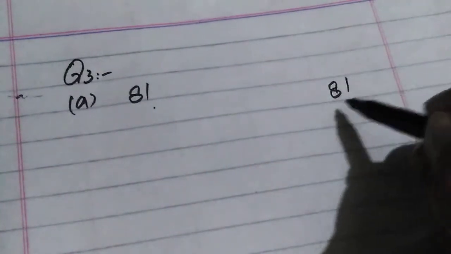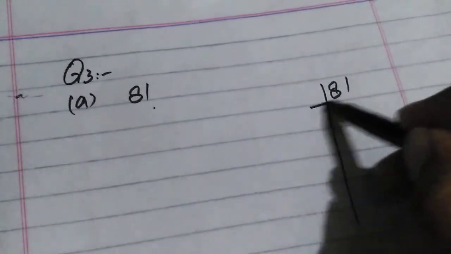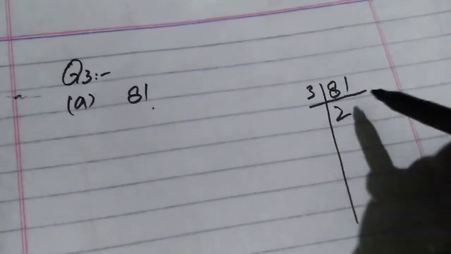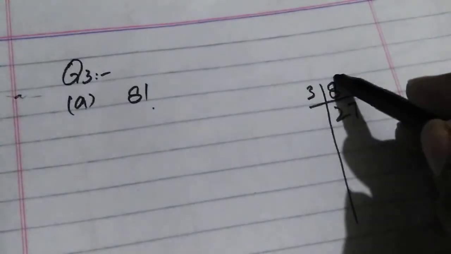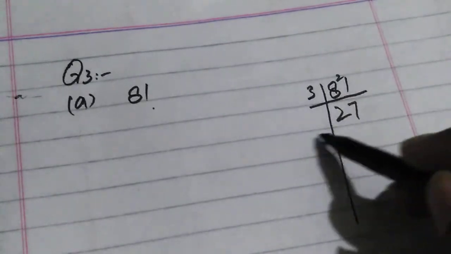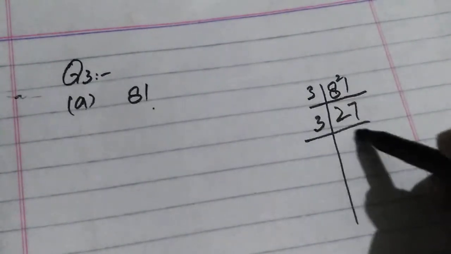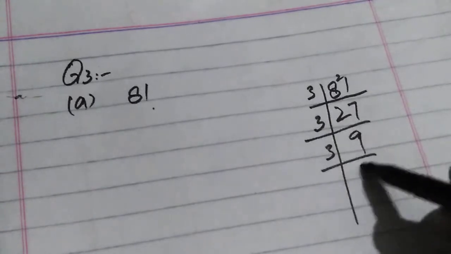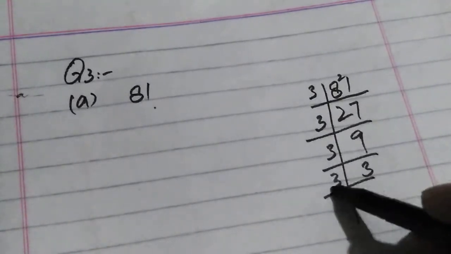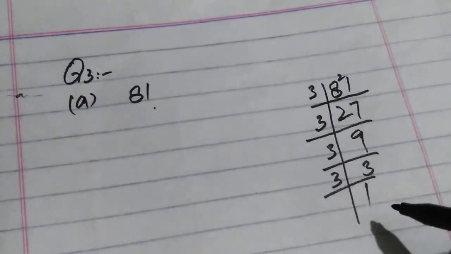The value is 81. First of all, we will solve it by prime factorization. 3 2s are 6, 3 7s are 21, then 3 9s are 27, 3 3s are 9 and 3 1s are 3.